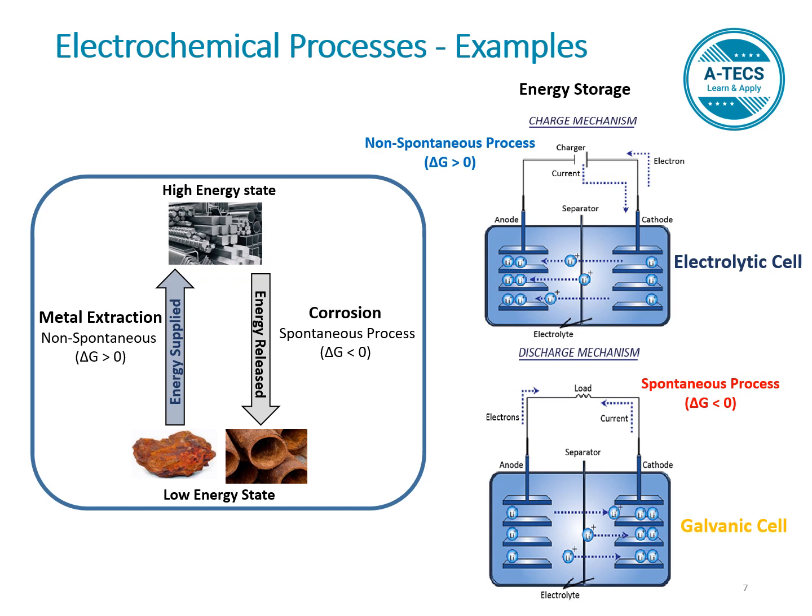Another example of electrochemical processes and the types of cell is an energy storage device. For example, I am showing you here a lithium-ion battery in which during a charging process we have a non-spontaneous process, meaning we are supplying external energy which is being stored in the form of chemical energy within a cell.